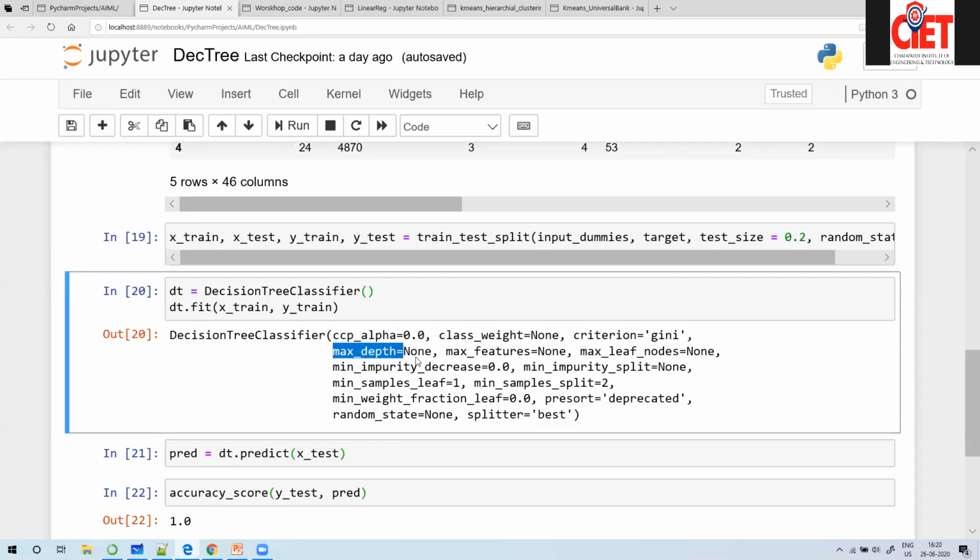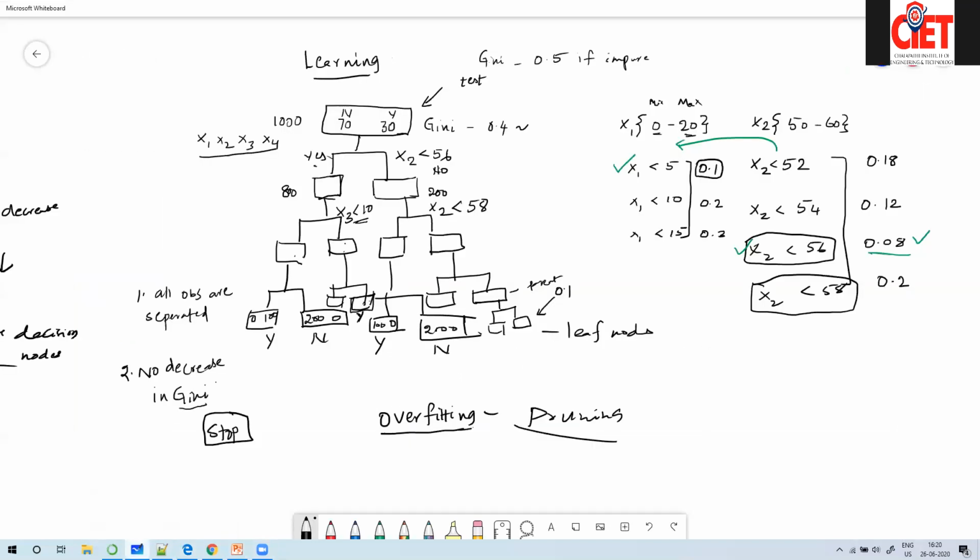The most commonly used one is maximum depth. So the max depth of a tree is measured like this. In simple terms, you could use this as the depth of the tree. What is the number of splits from the root node to the lengthiest leaf node?